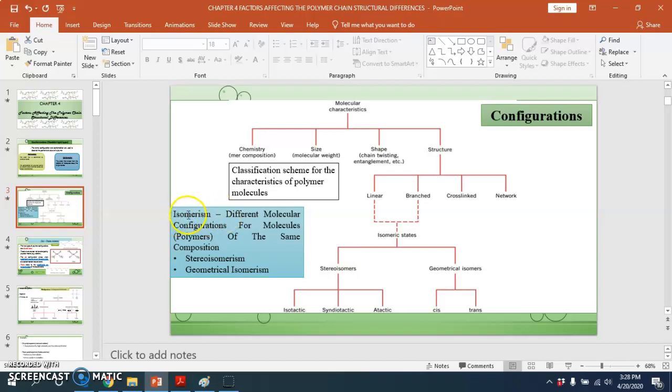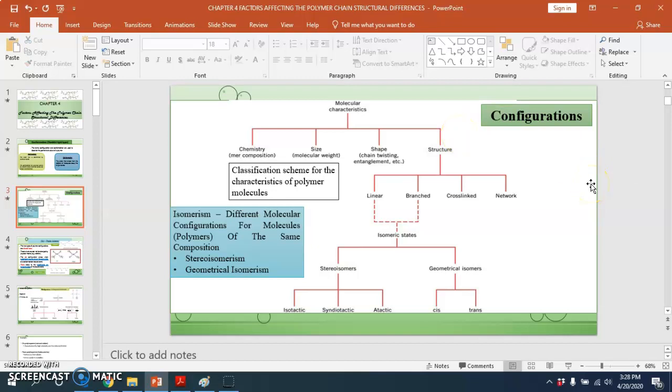The other meaning of isomerism is different molecular configurations for molecules of the same composition, which means that it has a different shape, a different structure. So it has the same chemical formula or same composition with different properties. So different properties are affected by chemistry, the size, which is the molecular weight, the shape, and the structure.